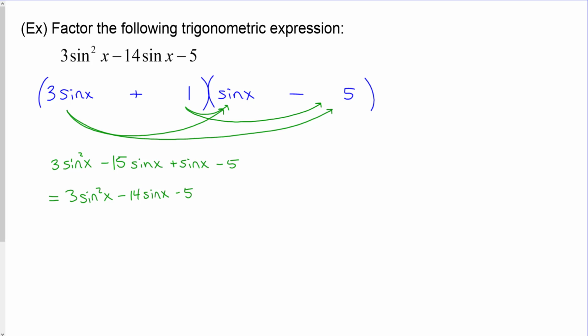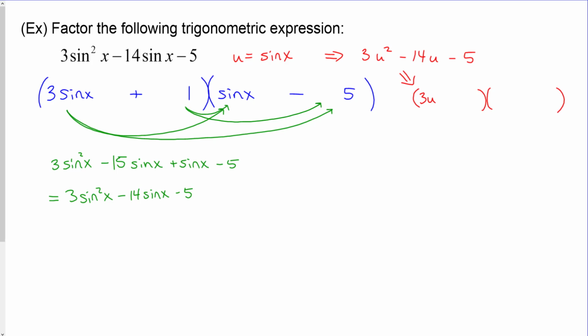An alternate method, if you prefer, is to use u-substitution. So for instance, if I let u equal sine x, and then rewrite this using that substitution, 3u squared minus 14u minus 5, then this thing right here factors in the way that we normally would have.